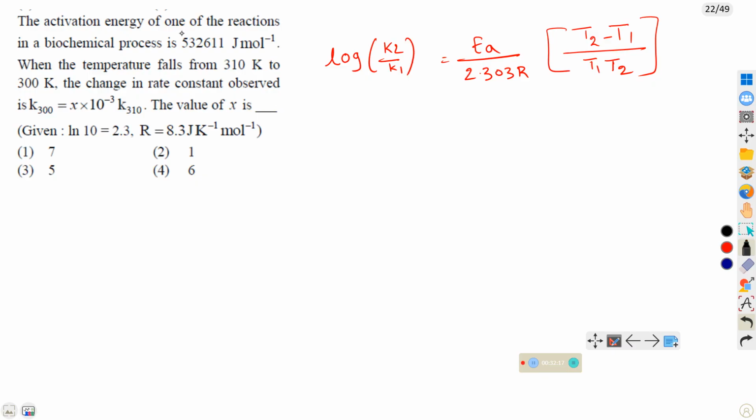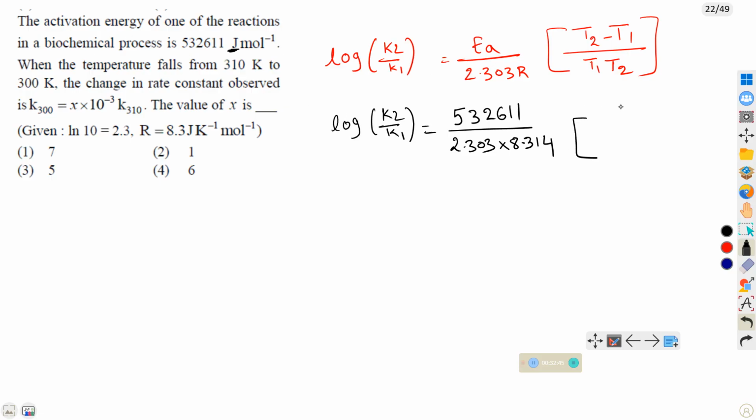The activation energy of one of the reactions in a biochemical process is given as EA value is 53261.1 by 2.303. Activation energy value is given in terms of joules, so take R value in terms of joules.